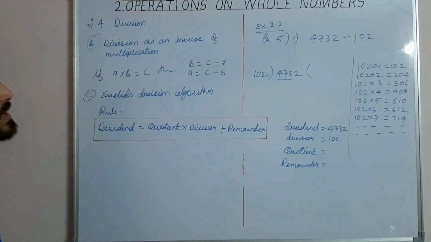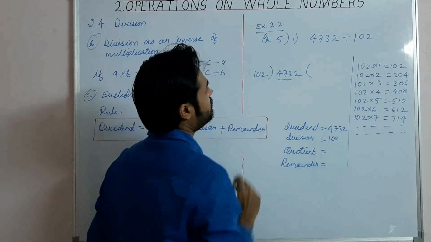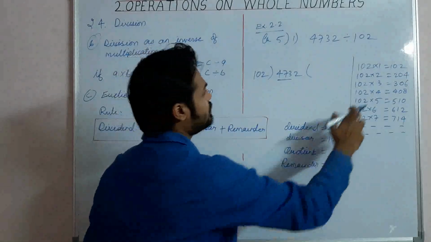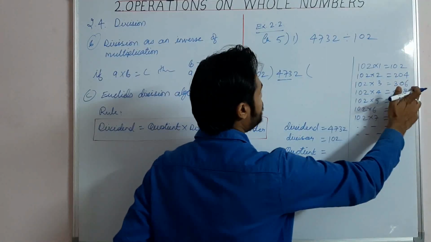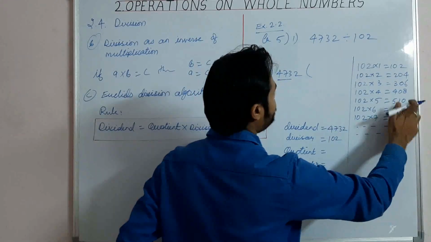Now 473 is greater than 102, so we will check the table of 102. 102 into 1 is 102, into 2 is 204, into 3 is 306, into 4 is 408, into 5 is 510.